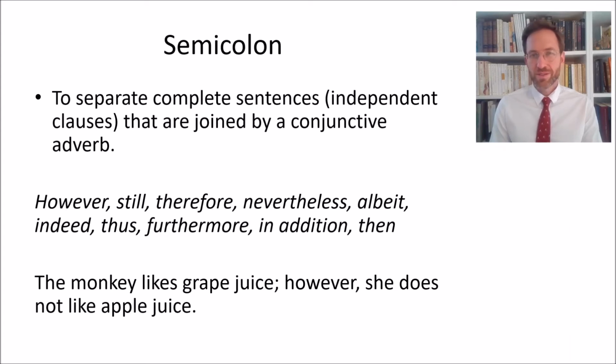They can be used with a semicolon. And here you might even think of things like namely. In this case, if you didn't want to use a semicolon to do the namely check, you might be able to add a colon, cut out the namely, and she does not like apple juice with just a colon.